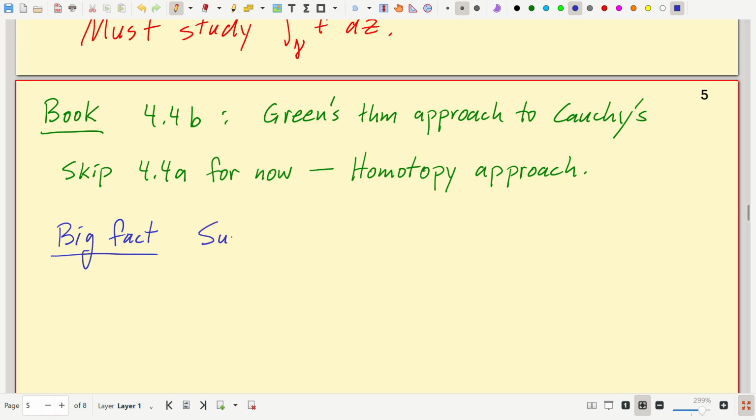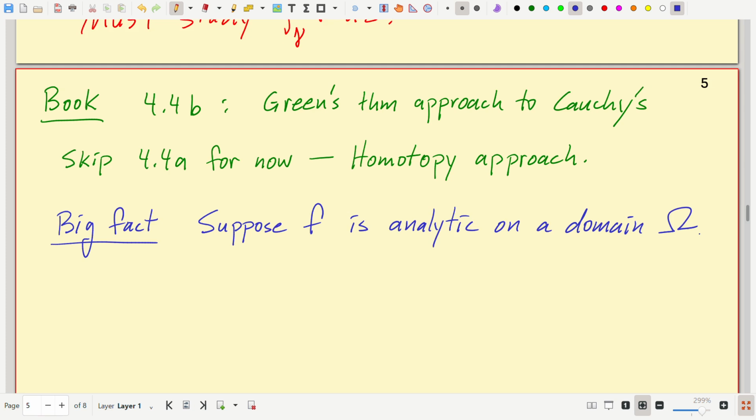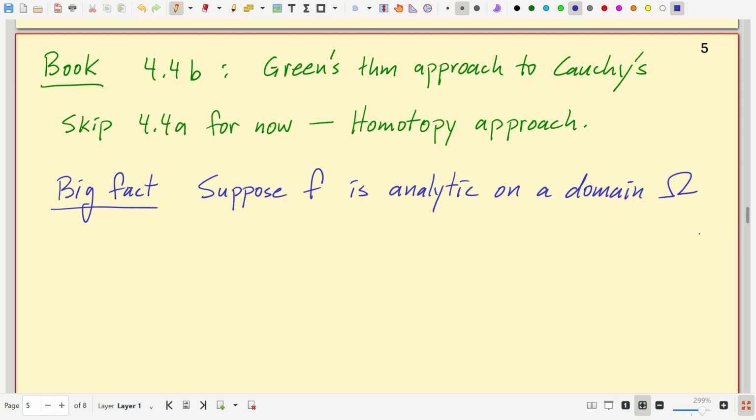Let's suppose f is analytic on a domain and the integral around every closed contour is 0.